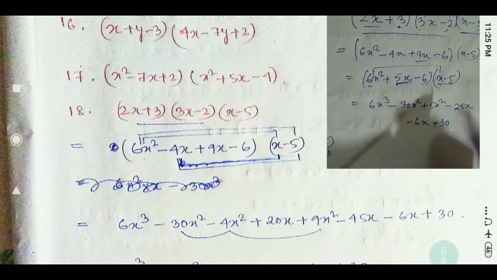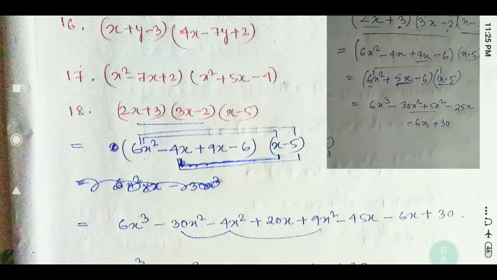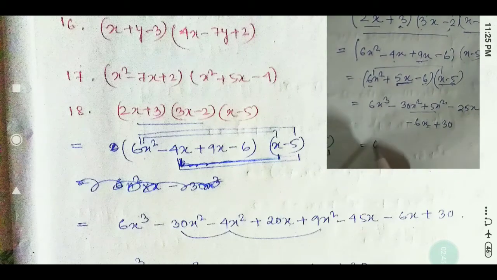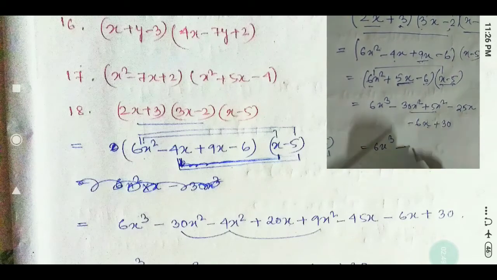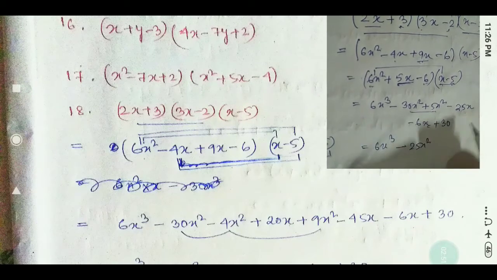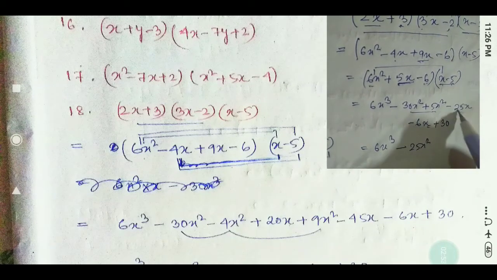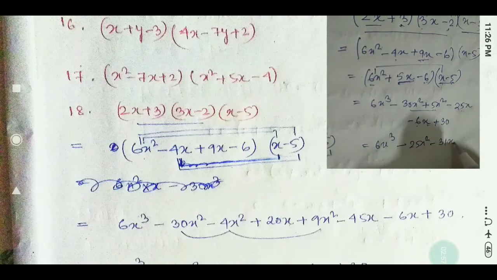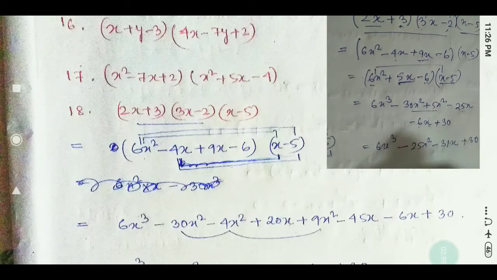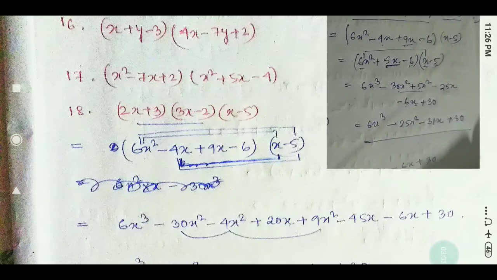Now check any like terms are there. Yes, these two are like terms and these two are like terms. So 6x cube, minus 30x square plus 5x square, minus 25x square, and minus 25x minus 6x, how much? Minus 31x plus 30. So this will be your answer.